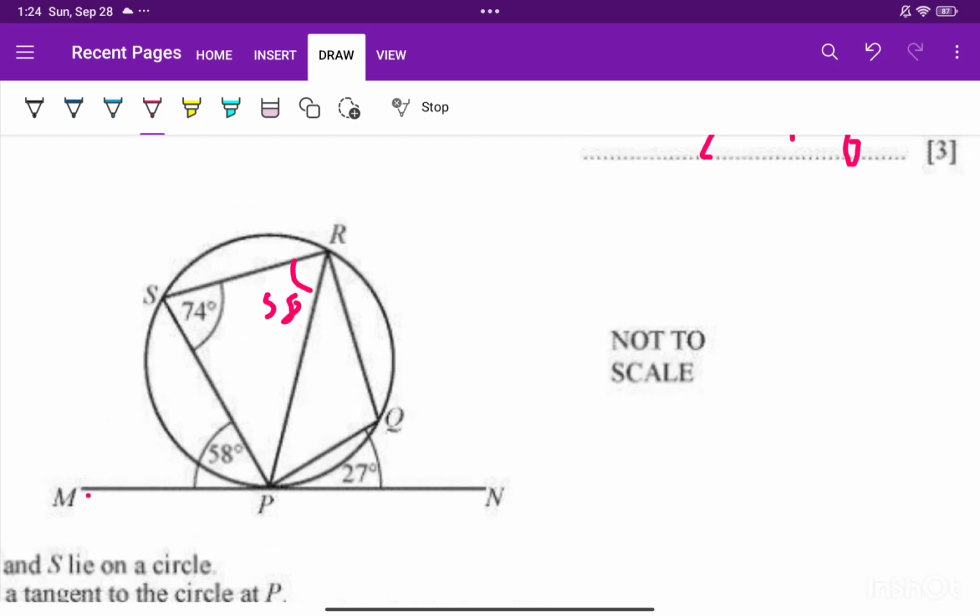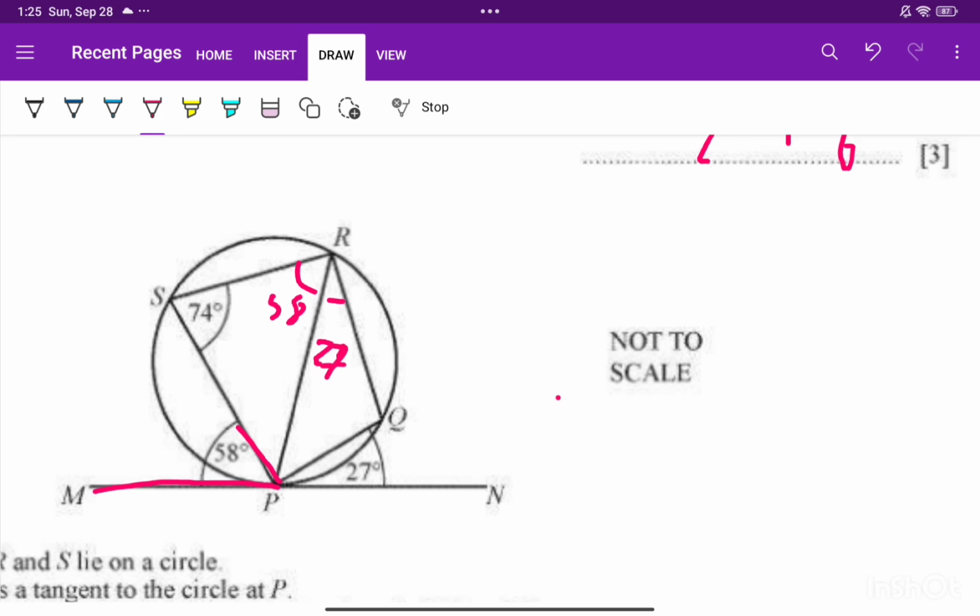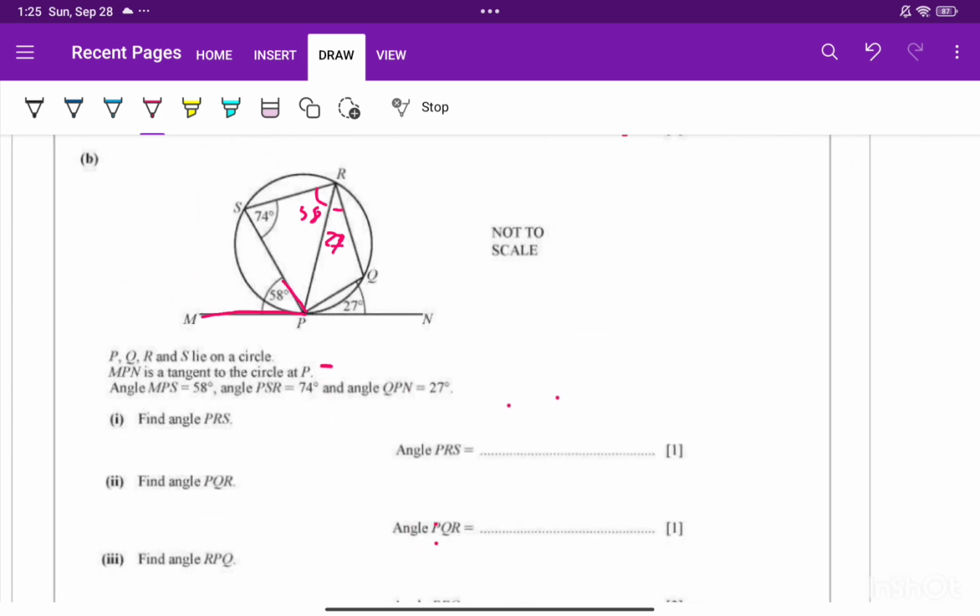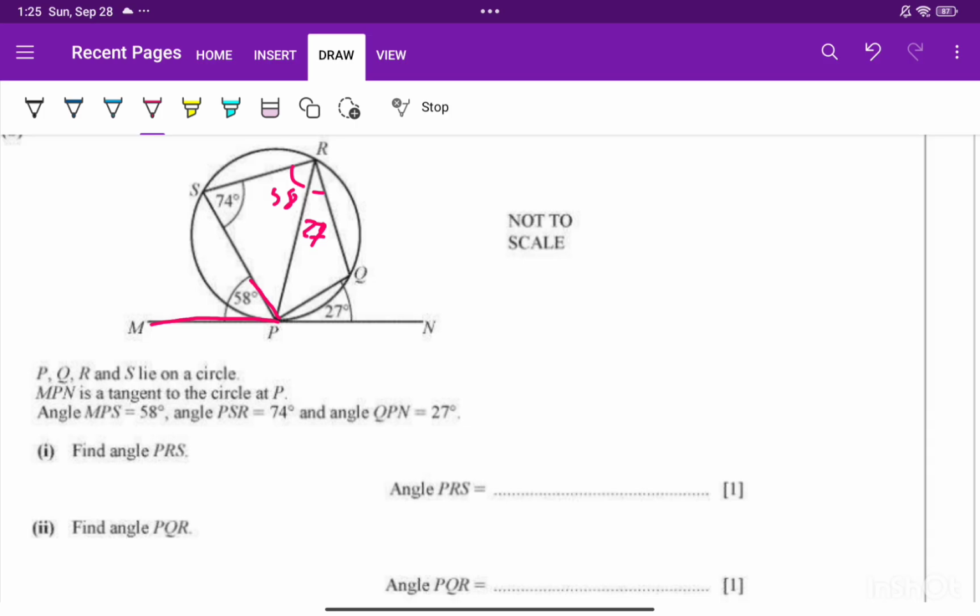Why? Because of alternate segment theorem. MPS and PRS will be equal, and this angle will also be 27, for the same reason, because of the alternate segment theorem.